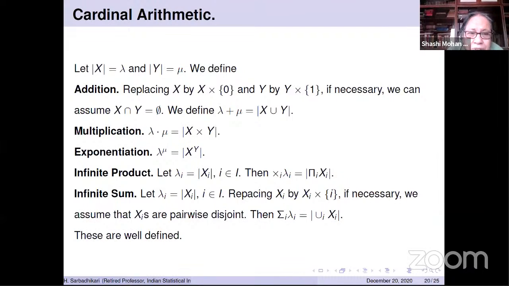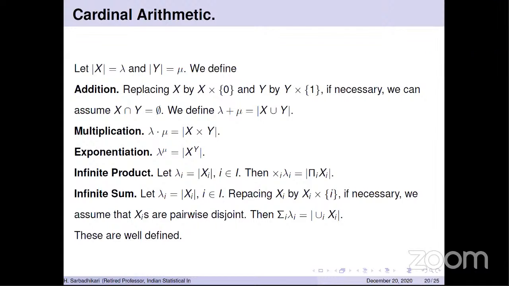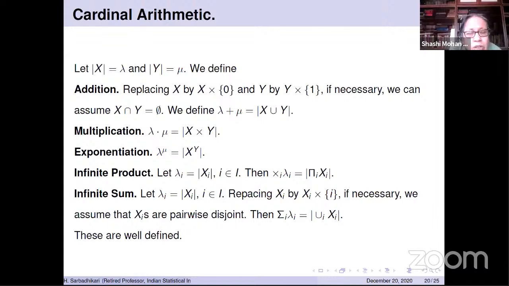Yes, this is the definition of addition and multiplication of cardinals. So I want to add lambda plus mu. And what is lambda? Lambda is the cardinality of X, mu is the cardinality of Y. So what I do is I take two disjoint sets, one of cardinality lambda, one of cardinality mu.